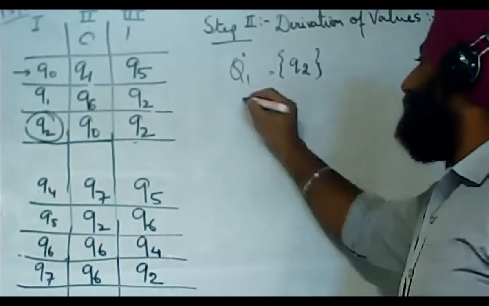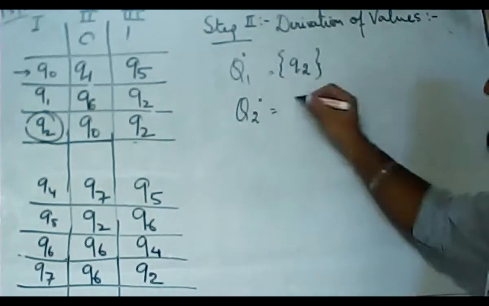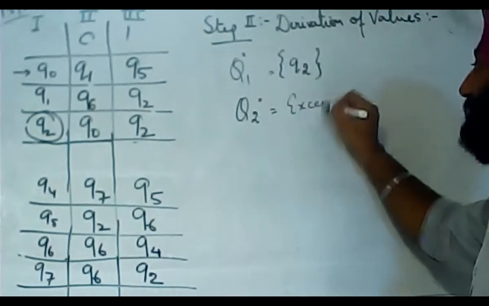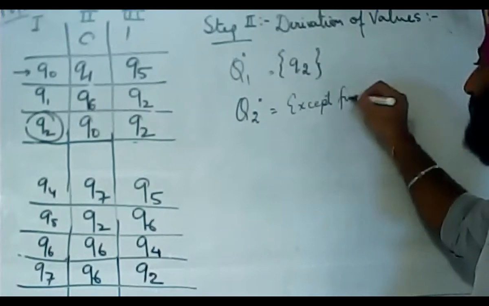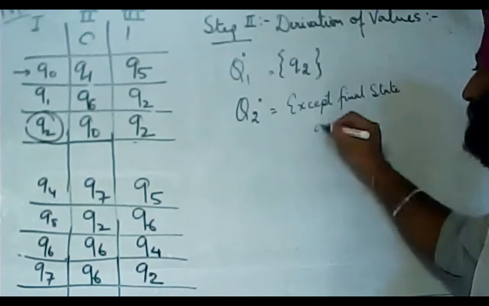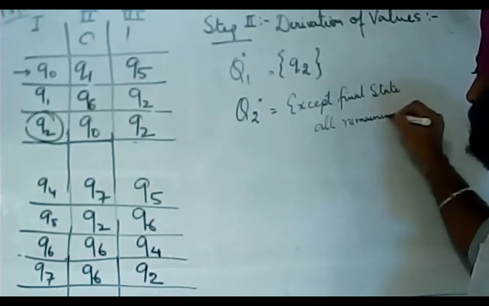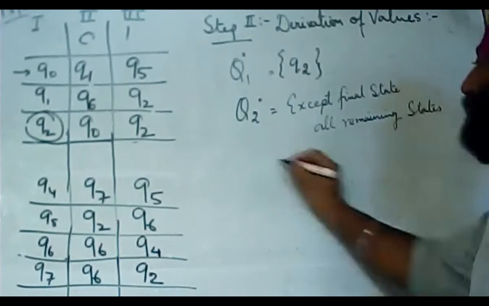Next we have Q2 degree. Q2 degree contains all the states except the final state, all the remaining states. So what are those states?